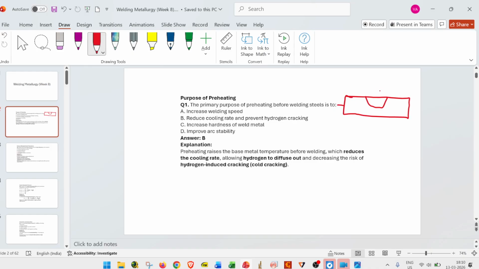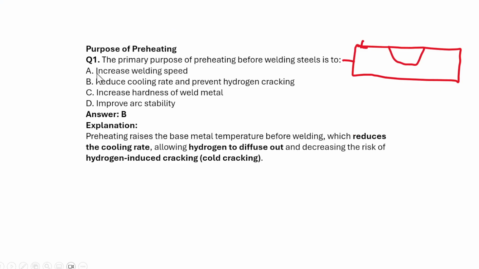Because of the higher thermal gradient, heat transfer is much higher. So we want to reduce this heat transfer. If we increase the base metal temperature to like 200 or 300 degrees, the thermal gradient will be reduced. If the thermal gradient reduces, the cooling rate will be reduced. So that is how we can reduce the cooling rate. So the answer is B.